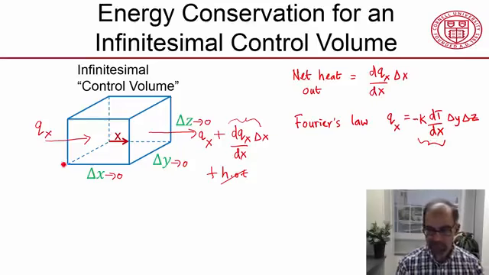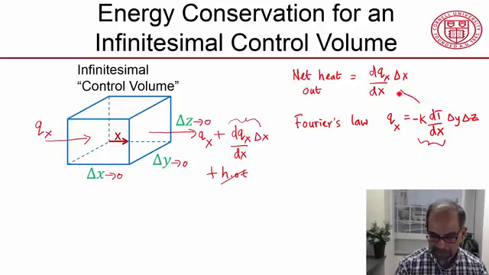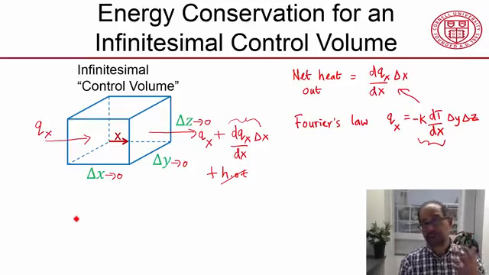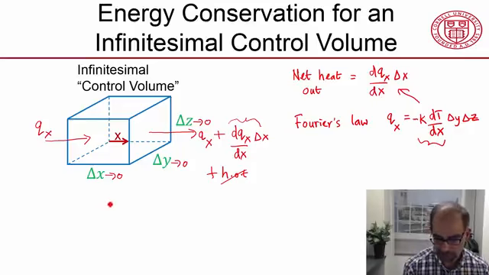through any face. Now if I substitute that back in here, I'll get the net heat flow out in terms of the temperature. One thing to note is, when I substitute it back, I have to differentiate this, so I'm going to get a second derivative of the temperature. The purpose is not to derive this rigorously, but to do it intuitively so that you get a sense of what the physical significance of each term in the equation means.